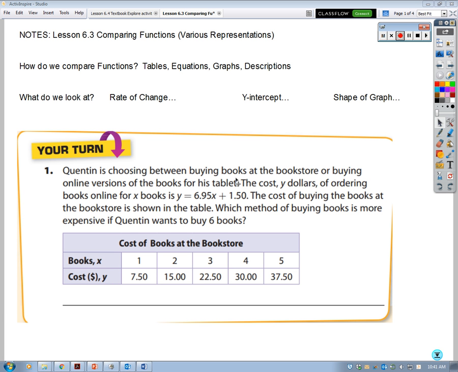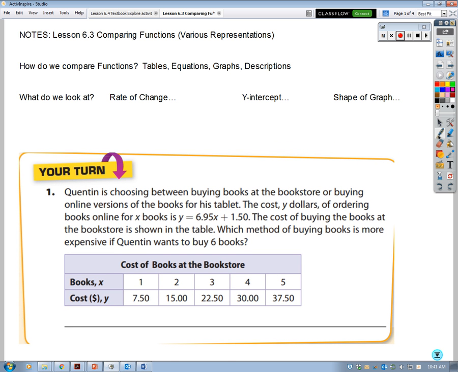So what we're looking at when we're doing that is rate of change, right? And rate of change, if we're looking at a graph, might be the slope, which is our m. It might be our unit rate. And it's going to look different for different things, right?